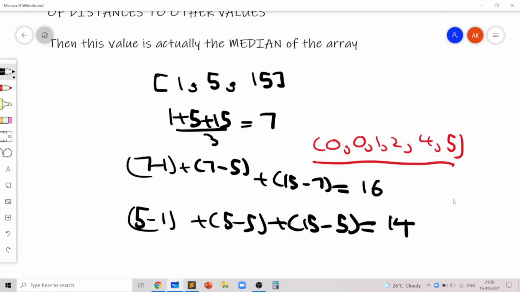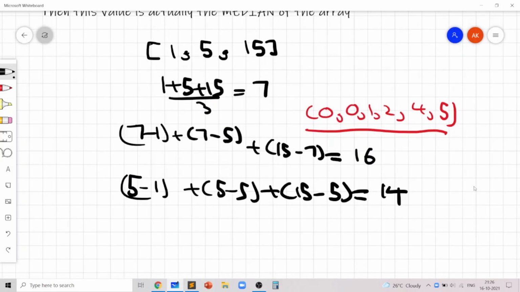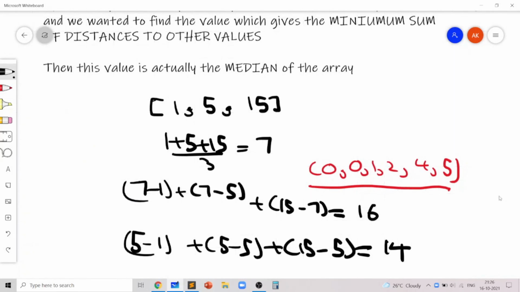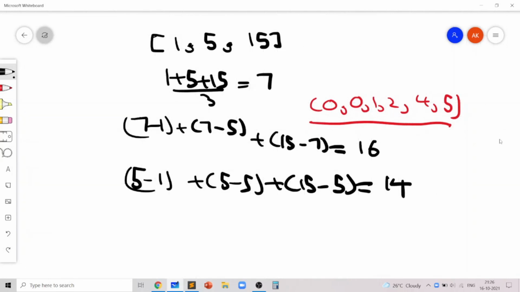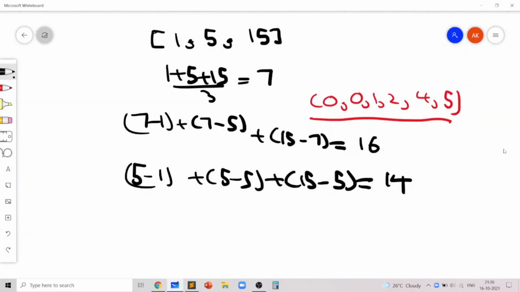So why does this happen? Why does the median minimize the sum of distances to other values? That's what I'm going to explain right now. The reason is, let's say we took a value smaller than the median. Let's say we took 4. The key idea is that the distance to 1 decreases. If we took 4, the distance of 4 to 1 is 3, which is less than 4.